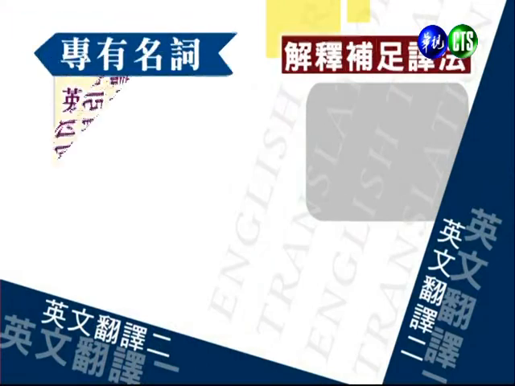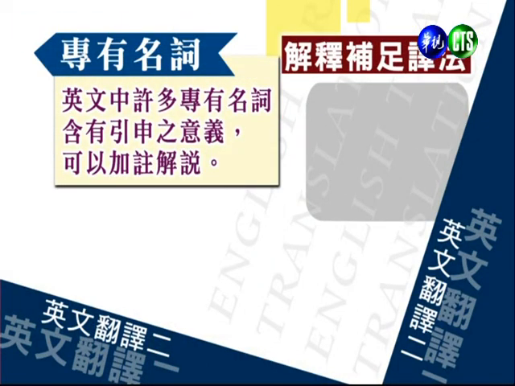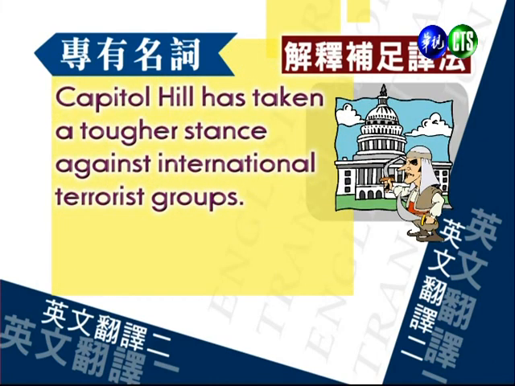And if it's long, then we have to separate it and make a note. 老师说我们在解释文字，如果你解释不是很长，你就不妨放在译文里面。如果念很通顺，那么可以并在译文当中。如果你解释的文字比较长，你就要在翻好之后后面做个注释说明。我们等下举例给大家看。那我们先说有3大类，一种是专有名词，一个是引用典故，还有略语。我们来看一些例子说明。先看专有名词，英文中许多专有名词含有引申的意思，我们要把它解释来说明。例子试试看。Capitol Hill has taken a tougher stance against international terrorist groups.